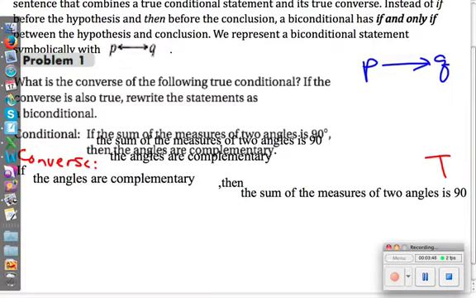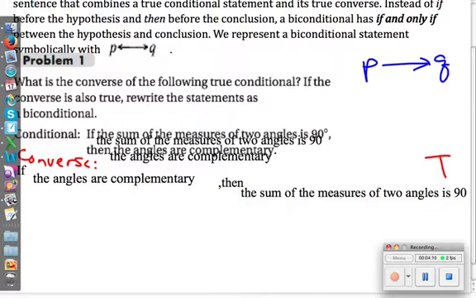One thing that I want to emphasize: we've been talking about these if-then statements. Those are conditional statements. When you are making a biconditional statement, make sure that your sentence is not starting with if. A biconditional statement, because it goes both ways, we call it an if and only if statement, and that if and only if phrase goes in the middle of the sentence.